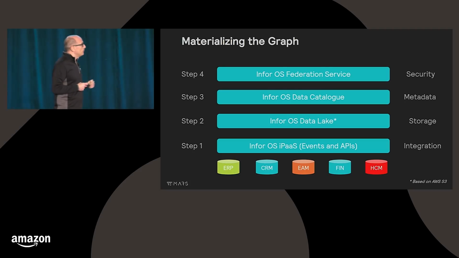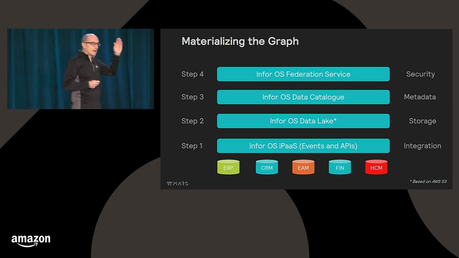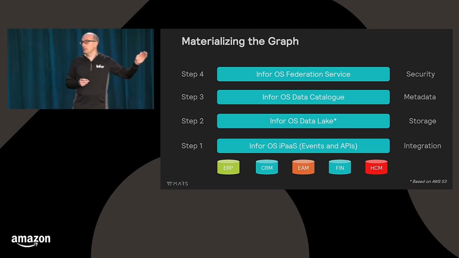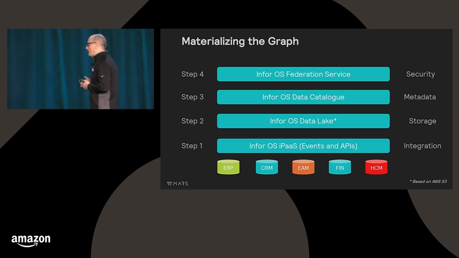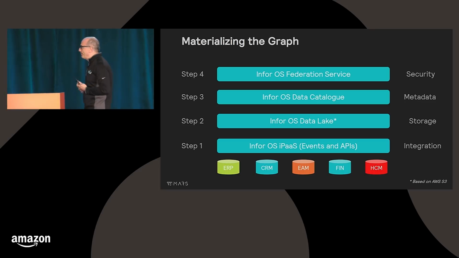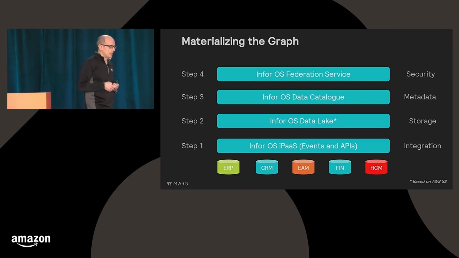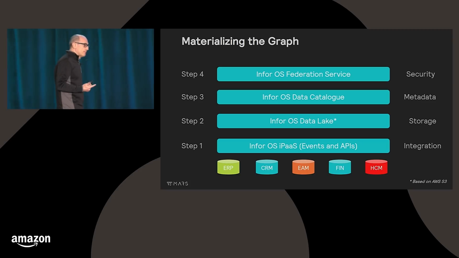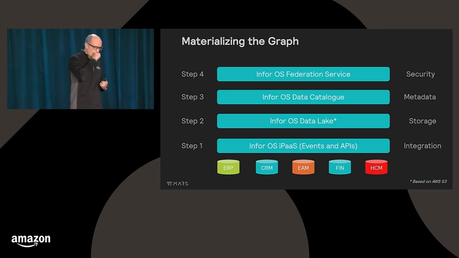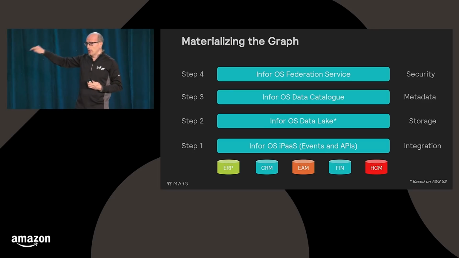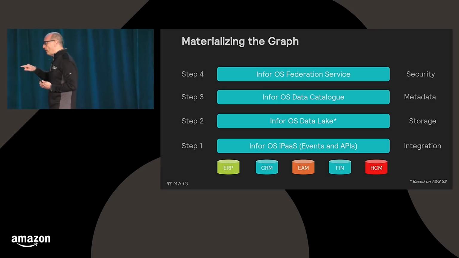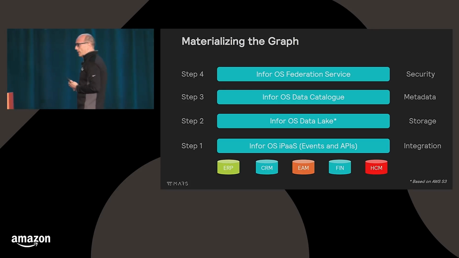Then we build the catalog for the metadata, the graph, and of course the security. We build a security layer, not only for single sign-on and federated services, but with permission, user management and role management. That is connected to the applications, to our API gateway, and through all the layers in the data lake as well.